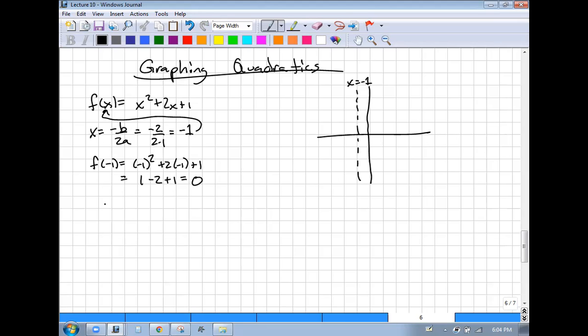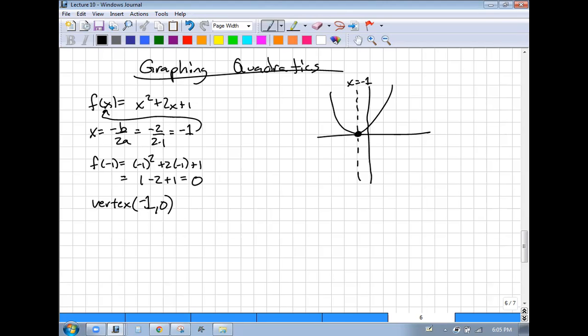So our vertex, we said it lied on the line where x is minus 1. We just plugged in that x value to figure out the actual y value. It's minus 1, 0. There's our vertex. Since a is positive, we know this thing opens upwards. There we go. Okay? So that's roughly what it looks like.